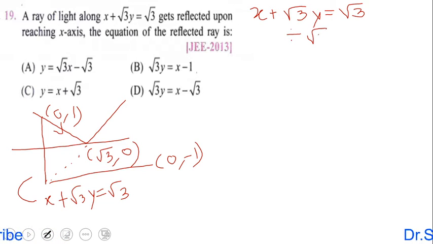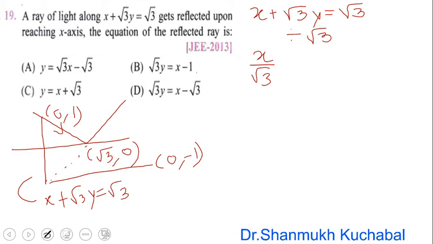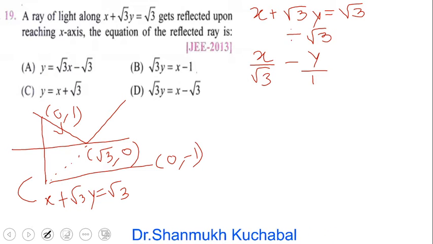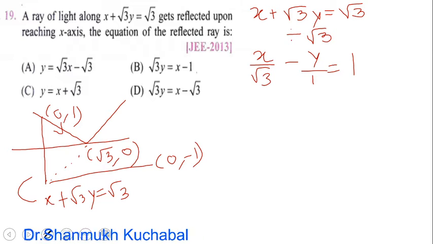So we will divide by root 3. So for the reflected axis we have to write x by root 3, and for the reflection, the opposite sign we have to take, minus y by 1 equal to 1, we get. So from this one we have to write a solution for y.